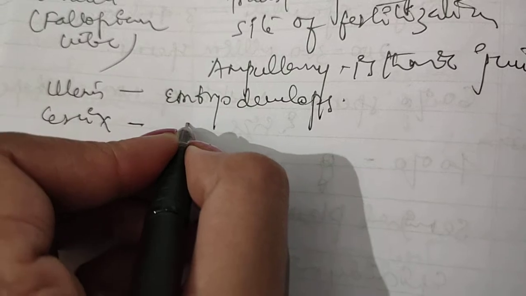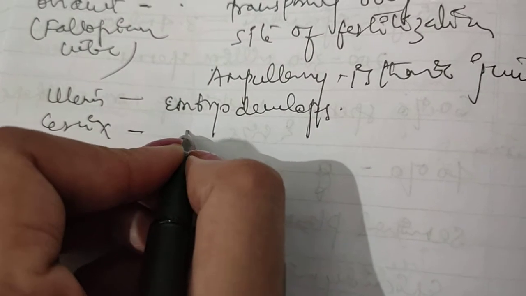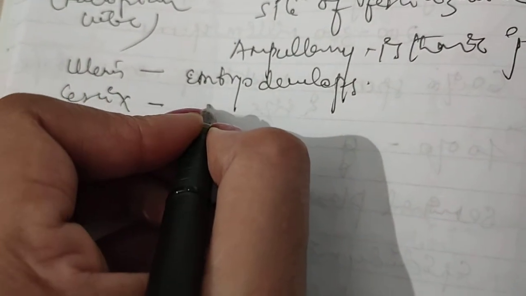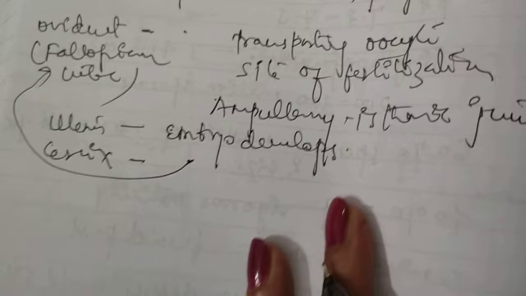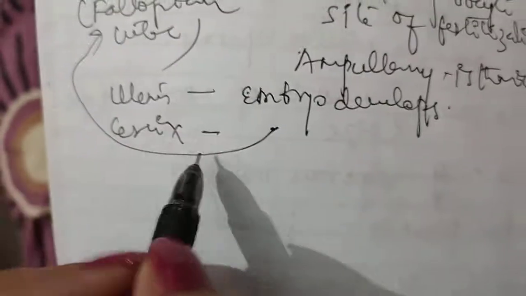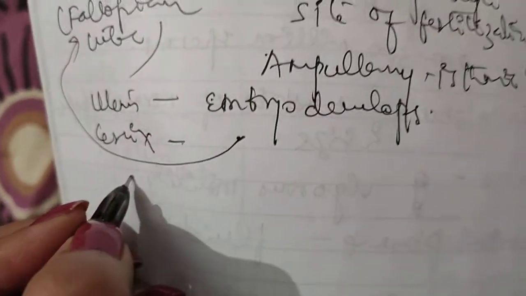This is the lower part of the uterus that opens into vagina, permitting spermatozoa to move up into the fallopian tube. And this also secretes some mucus which provides lubrication and ease for the penis during insemination.